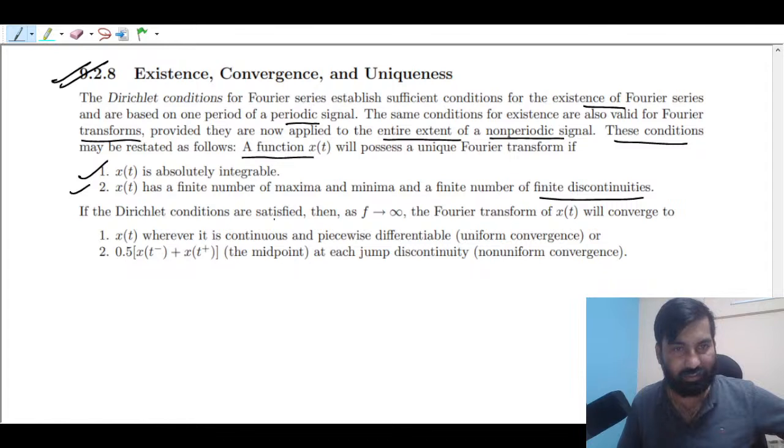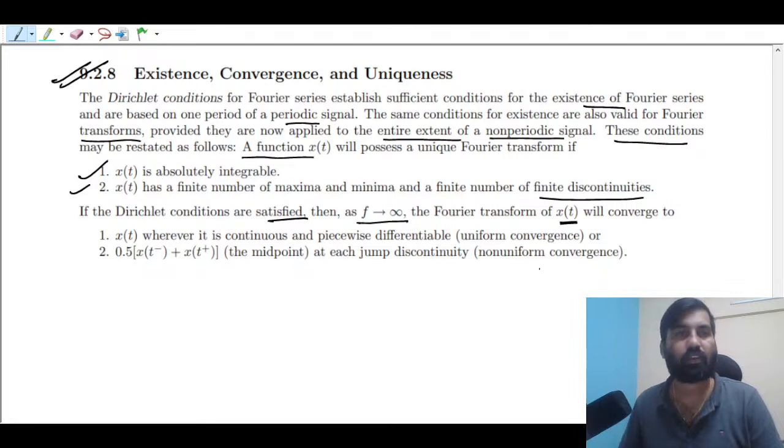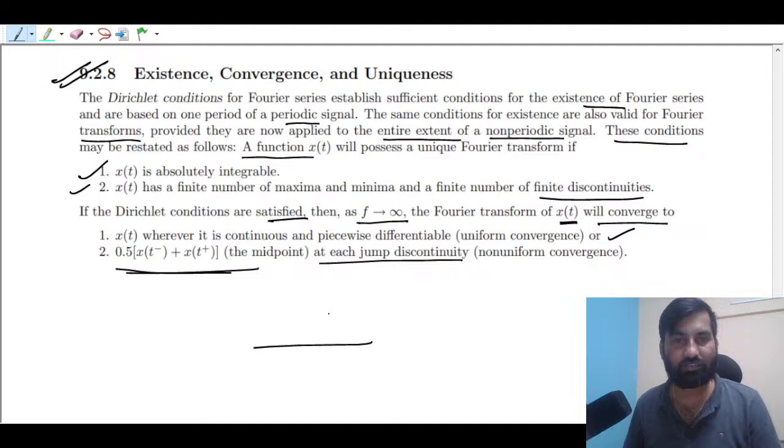If the Dirichlet conditions are satisfied, then the Fourier transform will converge to x(t) wherever it is continuous and piecewise differentiable, uniform convergence, and at the midpoint at a jump discontinuity. Suppose this is the Fourier transform X(f), and this is a jump discontinuity, right? So it will converge at the midpoint.